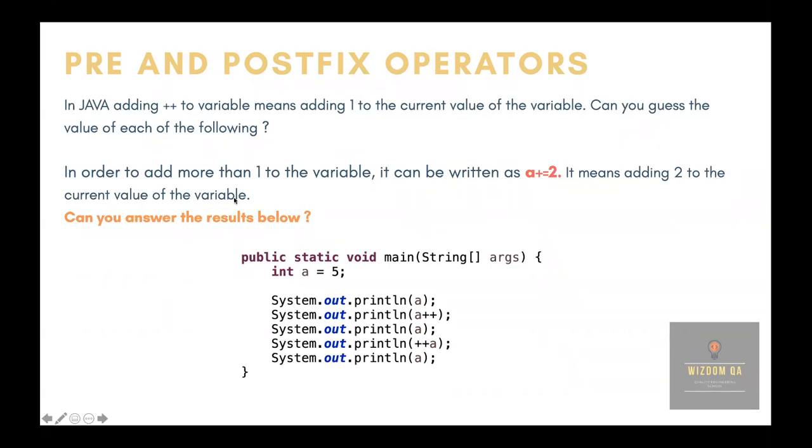Now I have a question and I want you guys to try and answer me. What will be the result of the first line? Obviously it will be 5, right? Because A is here 5, then it's 5. What will be the result of the next line, A++?